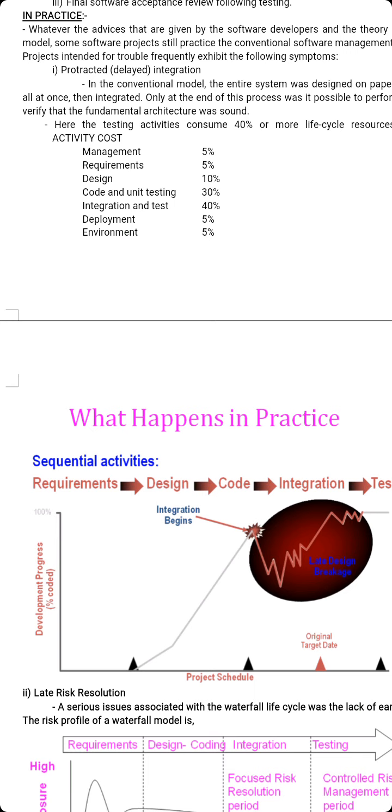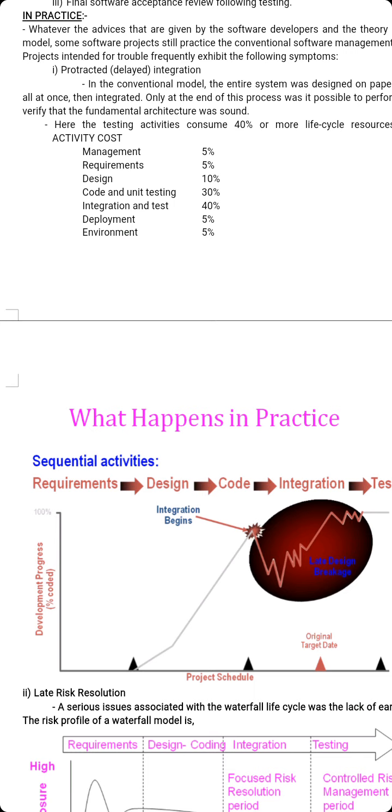That is nothing but, whatever the activity you are taking, the management will be spending 5%. That is, he is giving them the right guidance. Requirements, whatever requirements you are choosing, will bear 5%. When you are designing, it will bear 10%.